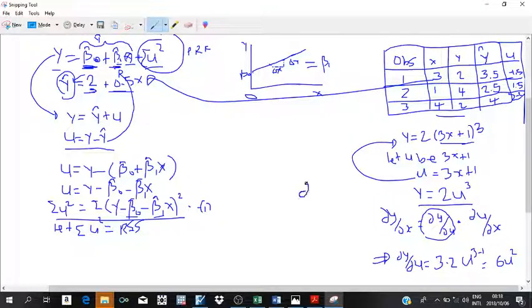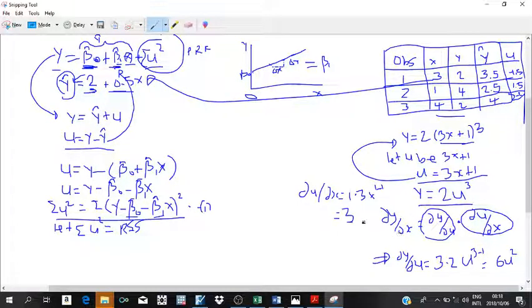Now let's solve for the other one. du/dx is equal to, we go to the u function here, 1 times 3, and then x raised to the power 1 minus 1, which is equal to 3.